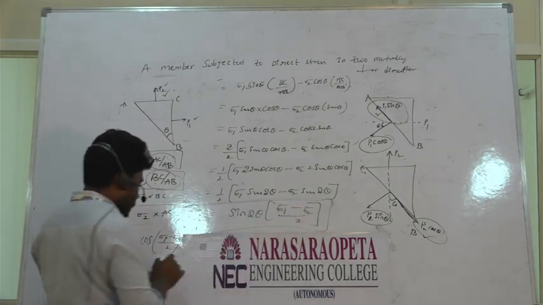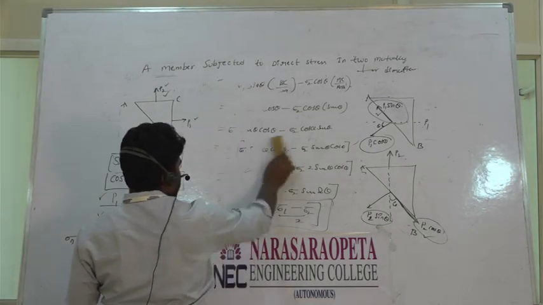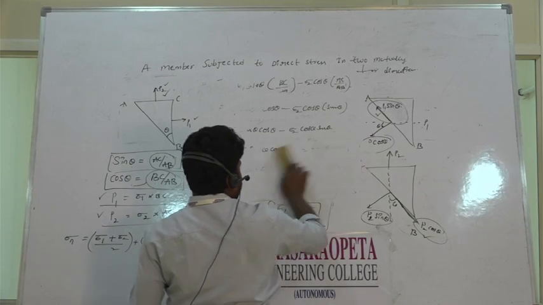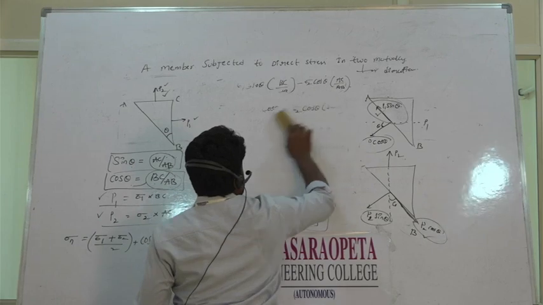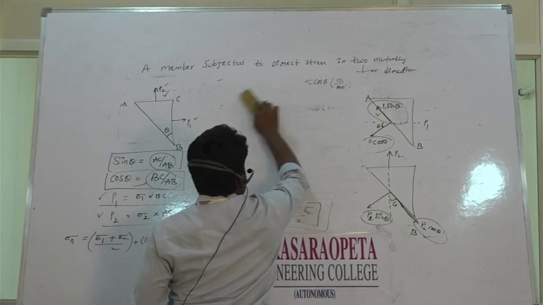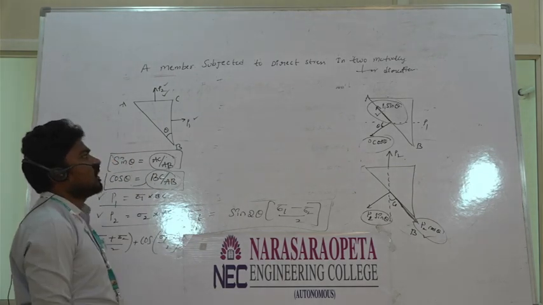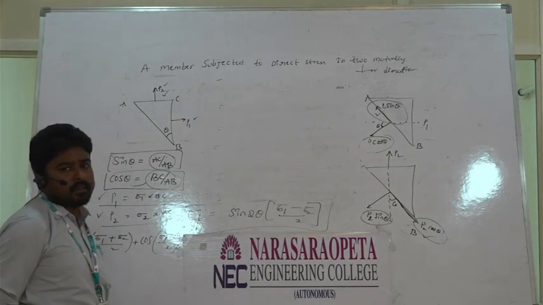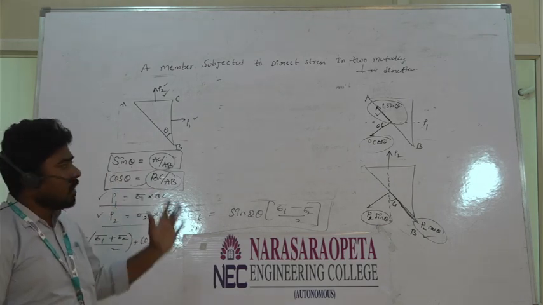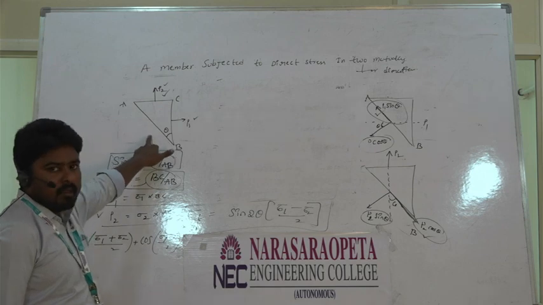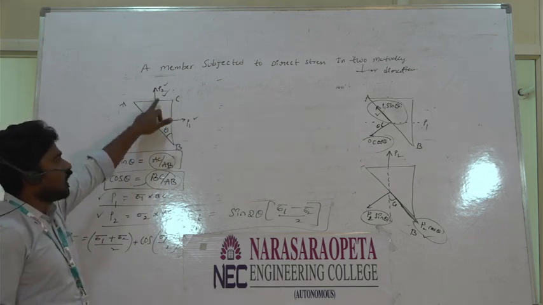So to revise finally: a member is subjected to forces in two mutually perpendicular directions. Our aim is to find the tangential stress and normal stress on the inclined plane AB. The two forces are P1 and P2.